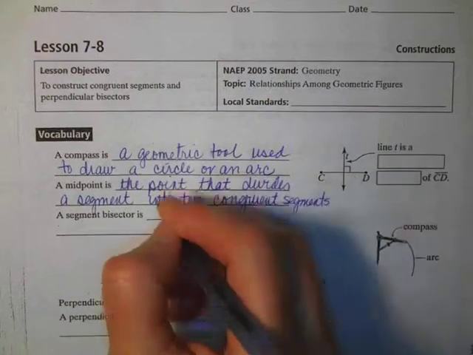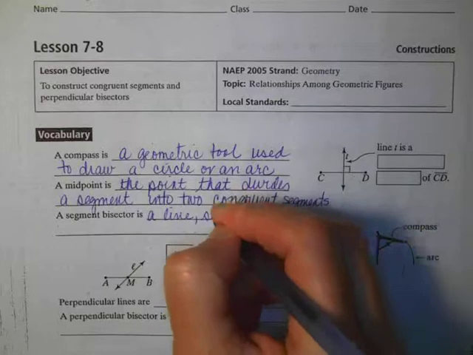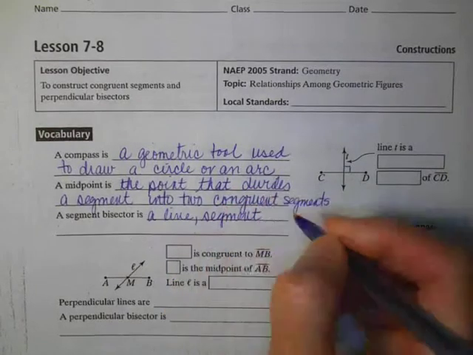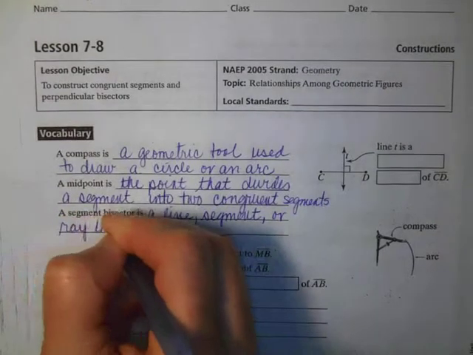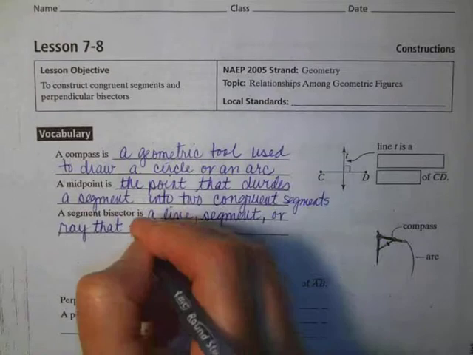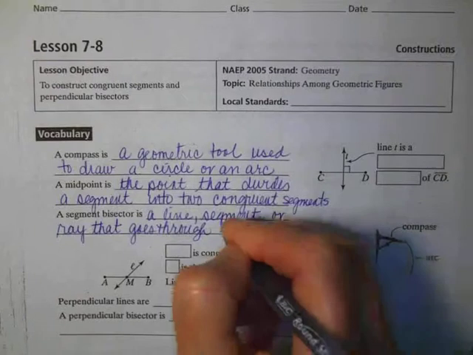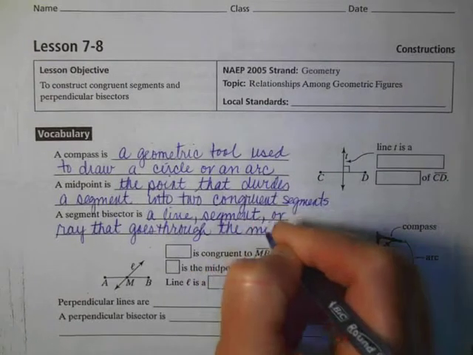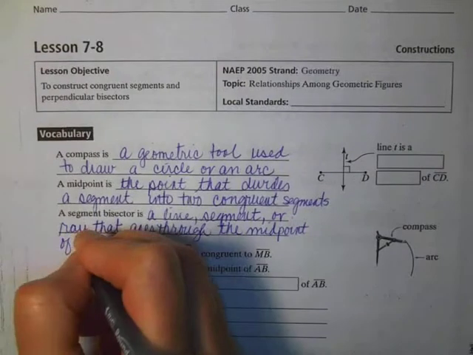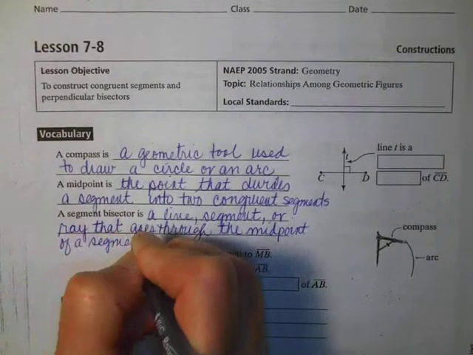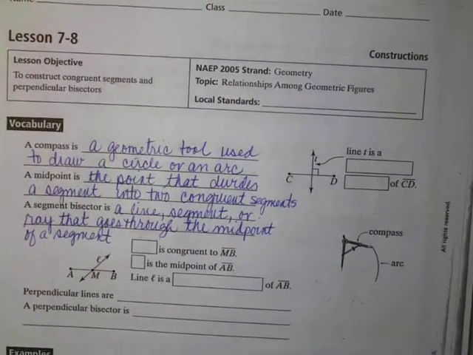A segment bisector is a line, segment, or ray that goes through the midpoint of a segment.